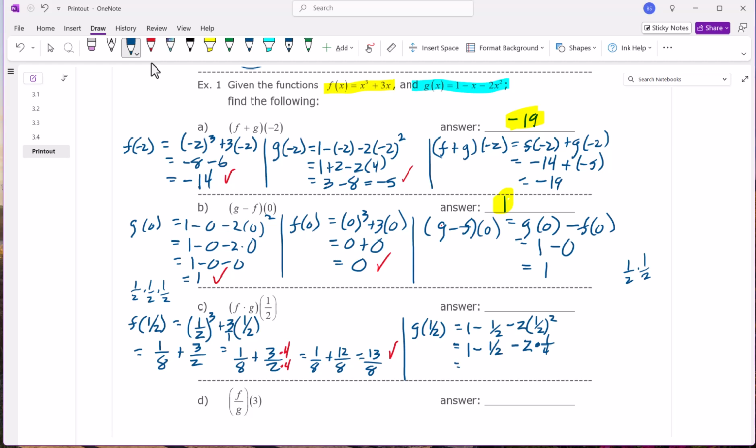That'll give me 1 minus 1/2 minus 1/2. If you're doing 2 over 1 times 1/4, that fraction just reduces to 1/2. So if I do a half plus a half, that's 2 halves. So that's 1 minus 1, which is equal to 0.